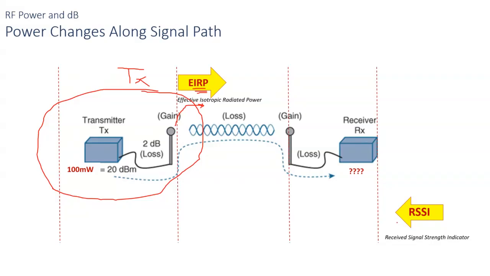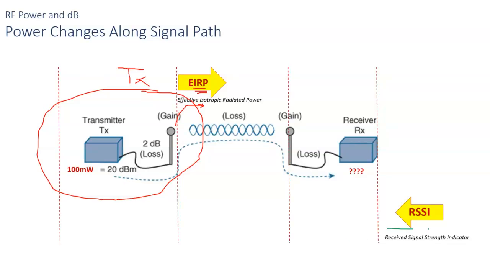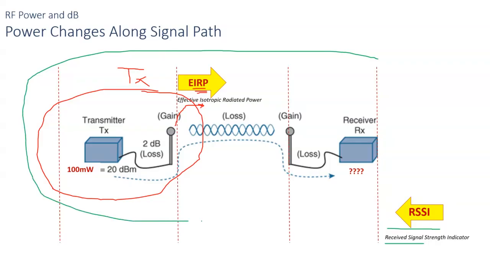But when I calculate the received signal strength indicator, how much is the power of the received signal at the receiver, how much is the strength of the received signal at the receiver, I calculate it for all the system.